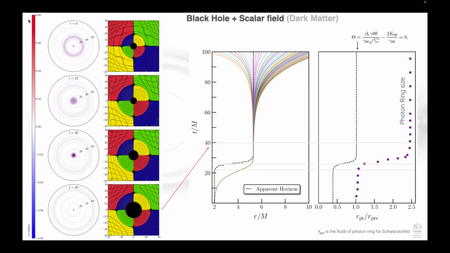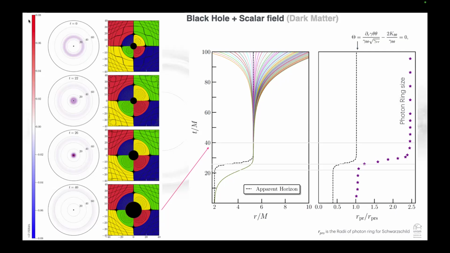Between 20 and 30, all of the scalar field is accreted. Before that, we have something almost partial. After that, we have a new black hole with a new mass, arriving at the steady state. So after 40, we can say that we have a stable black hole.